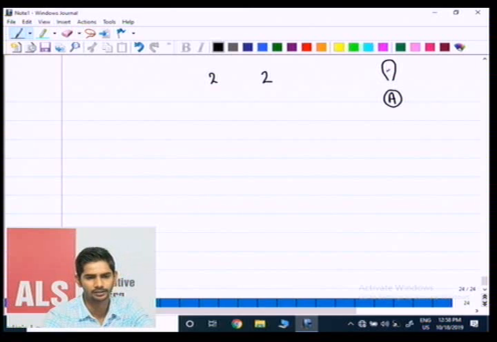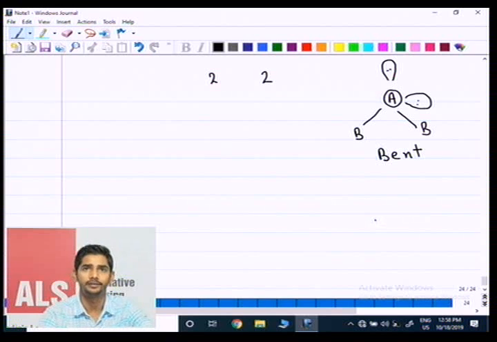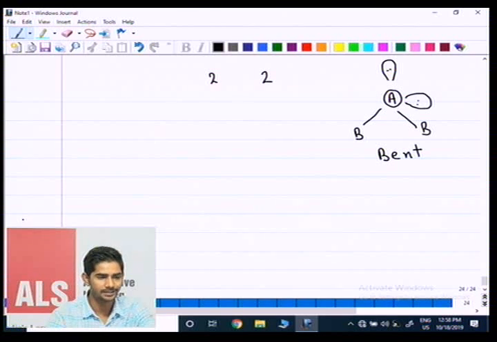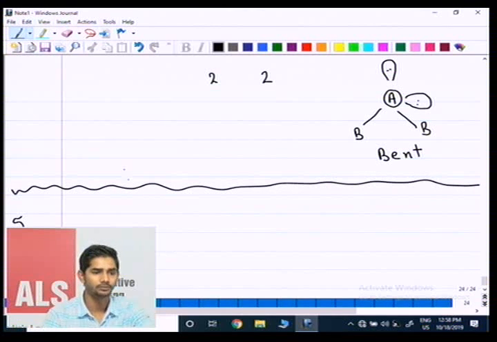You can draw it like this, don't worry. This is known as the bent, bent or angular, anything. Now, the next case. N by 2 equal to 4 is over.